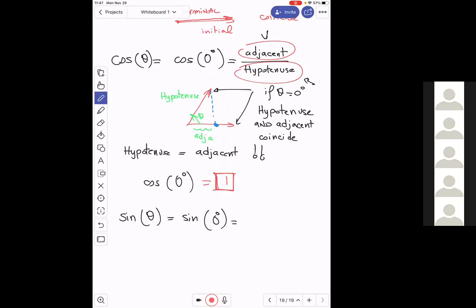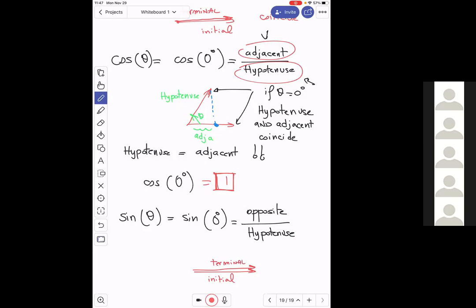By definition, that's the opposite side over the hypotenuse. And again, because my angle is 0, this is your initial side and this is your terminal side, they coincide, right? They are the same.